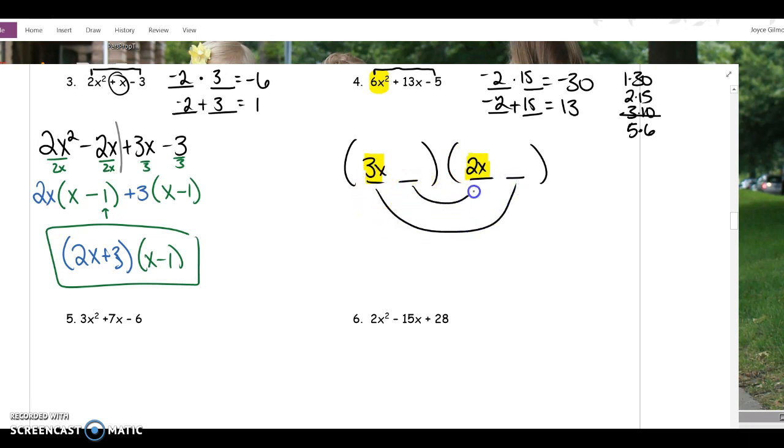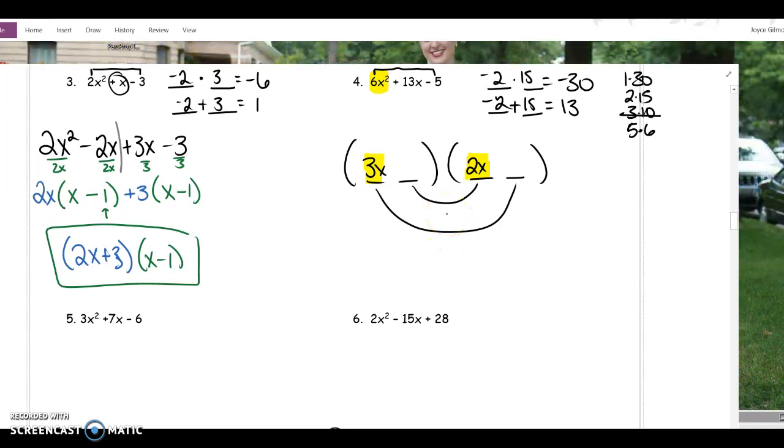Now we're going to look at the outer terms and the inner terms. When we multiply 3x times this other outer term and this inner term times 2x, those two things should combine to give us 13x. This is where these numbers come into play. We need to put negative 2x in one of these spots and we need to put 15x.